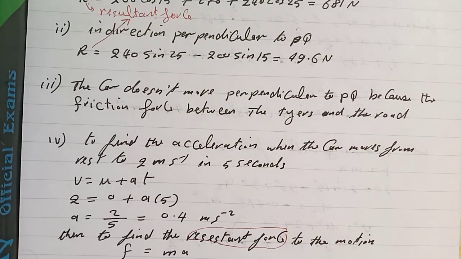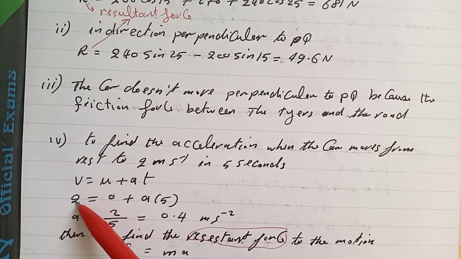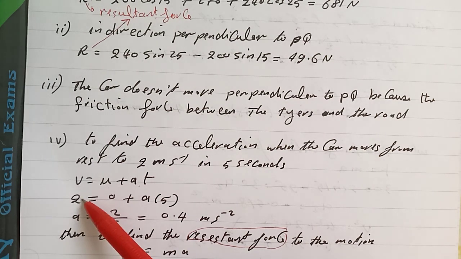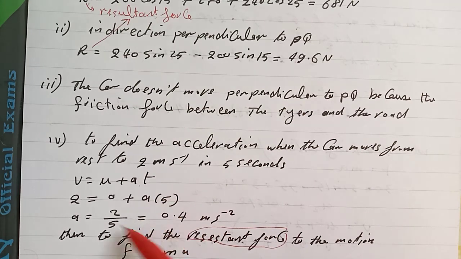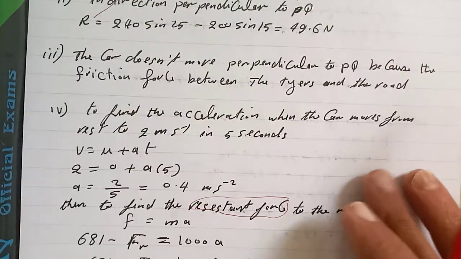Means after pushing the car, it moves from rest until 2 meters per second velocity for 5 seconds. So when you use this information, it starts from rest and moves to 2 meters per second at 5 seconds. So I can get the acceleration of the car, which is 0.4 meters per second squared.